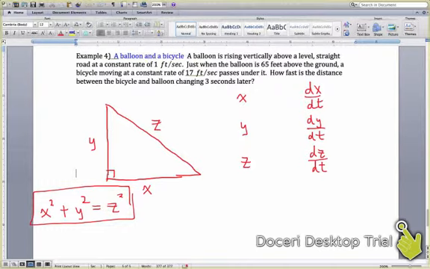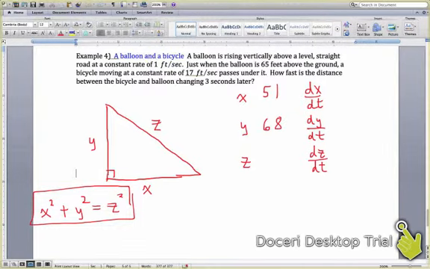My formula that I'm going to use is the Pythagorean theorem. x squared plus y squared equals z squared. I know x would be 51. I know y would be 68.